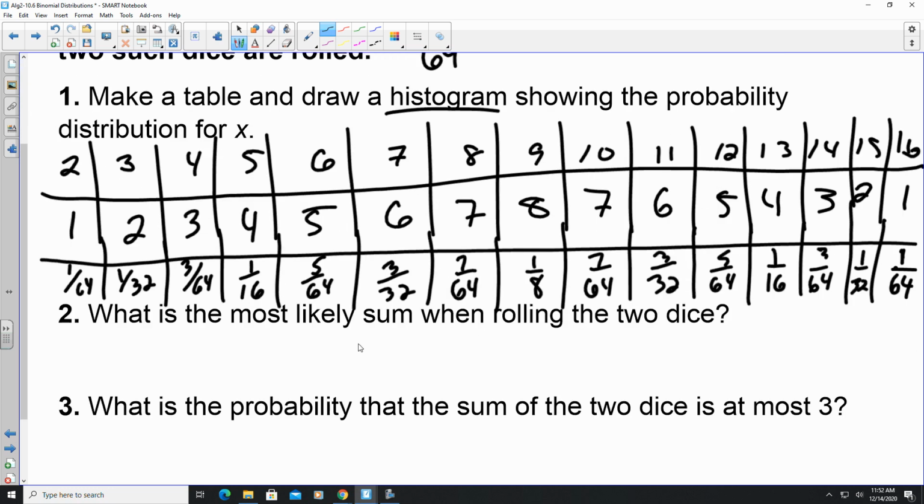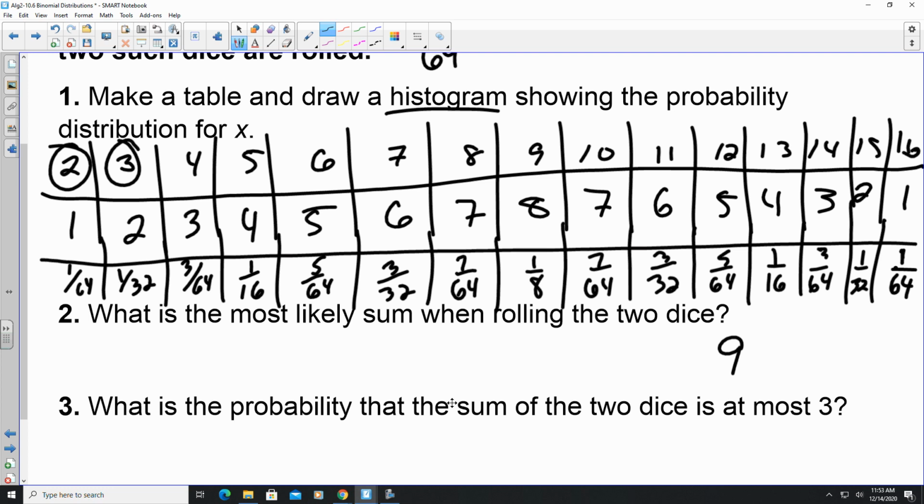For answering question number 2, it says, what is the most likely sum? Well, it's the one that has the most frequency. In that case, it would be rolling a sum of 9. And then they're asking, what is the probability that the sum of the two dice is at most 3? So at most 3, it's either going to be a 3 or a 2.